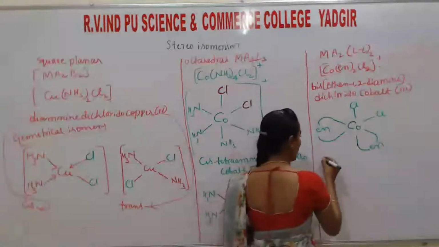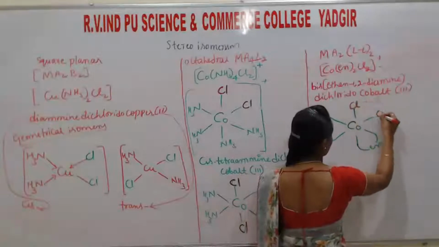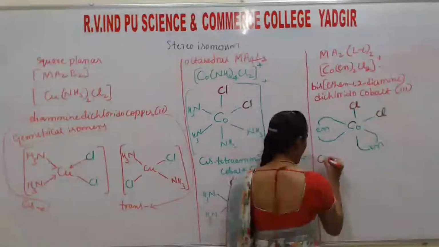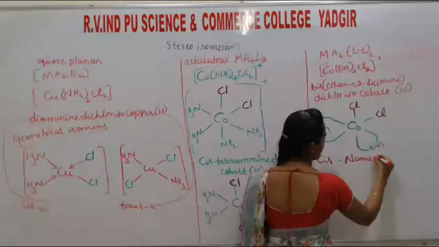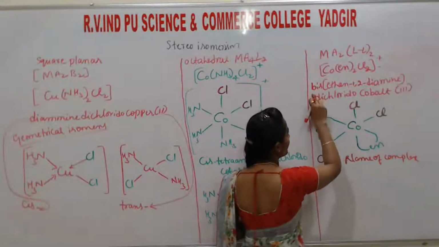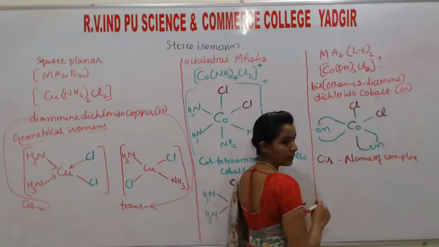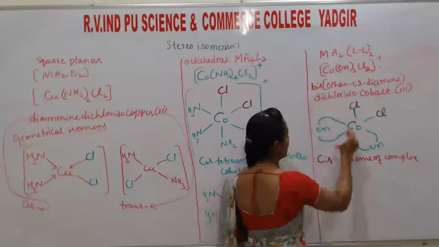This one is Cl here. Correct? So the name and structure is cis followed by the name of the complex, that is cis bis ethane 1,2 diamine dichlorido cobalt 3 complex.